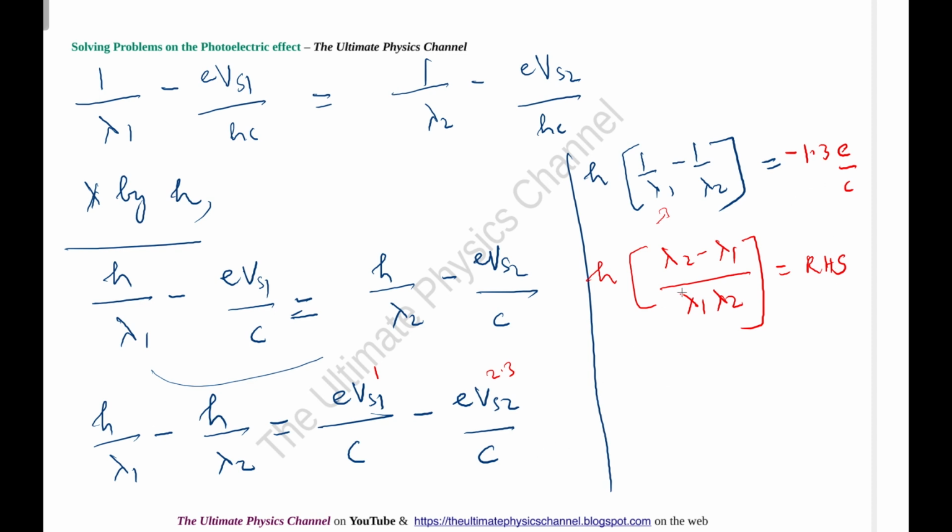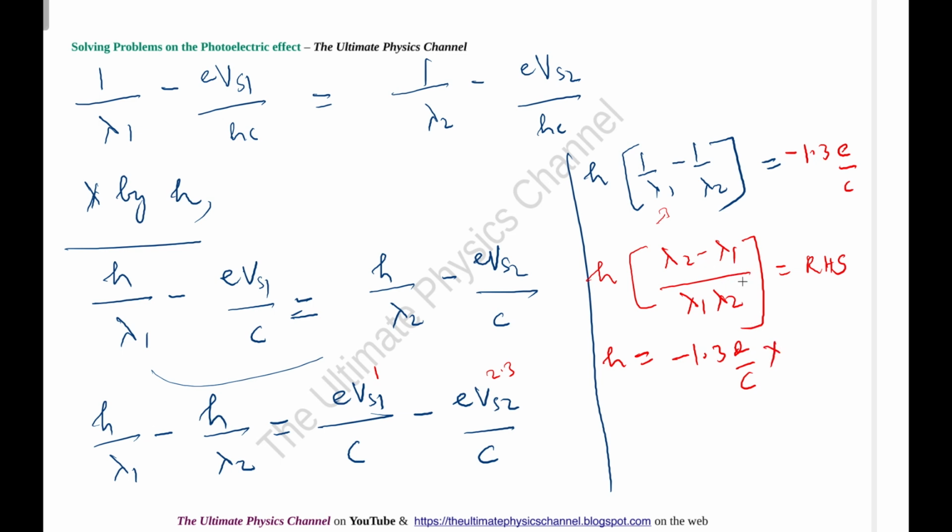And now we don't know H alone, so H is equal to... all these numbers are known to us, right? So if you substitute all that and take them all to the right hand side, you get minus 1.3 E over C times lambda 2 and lambda 1.